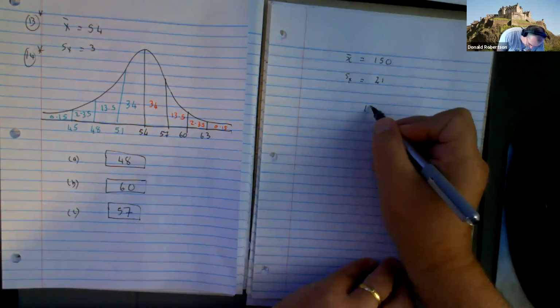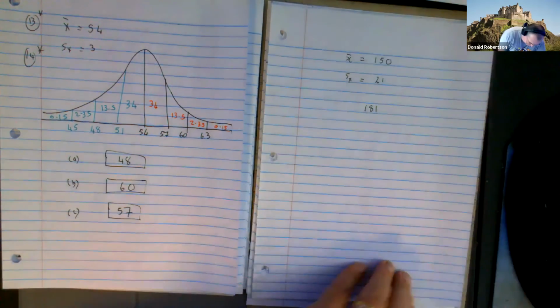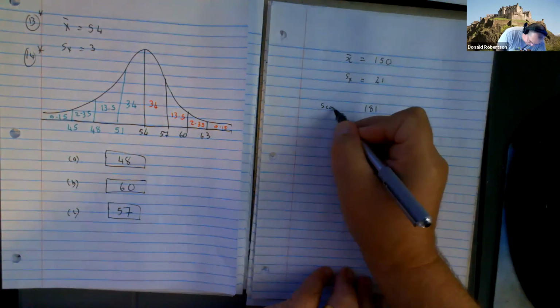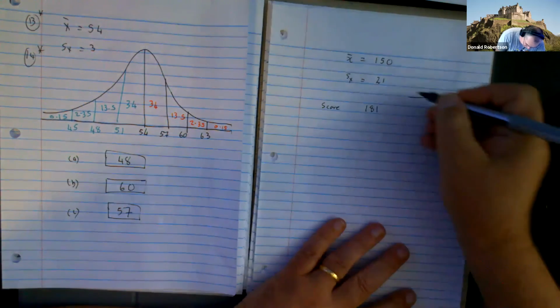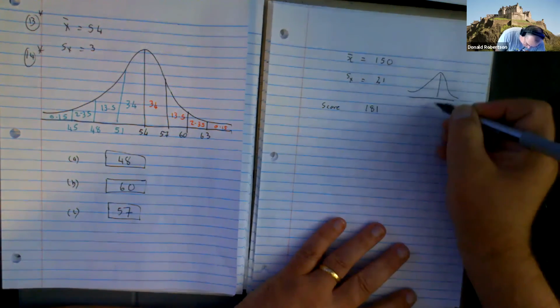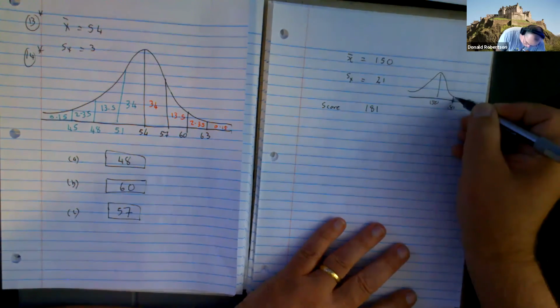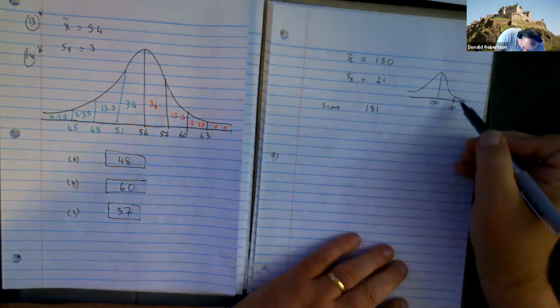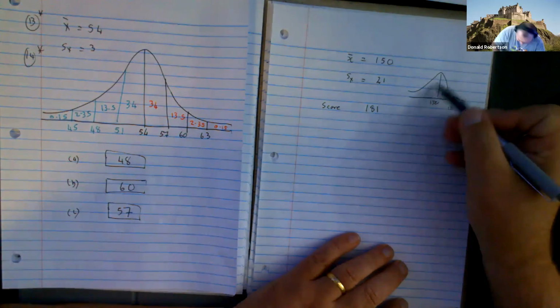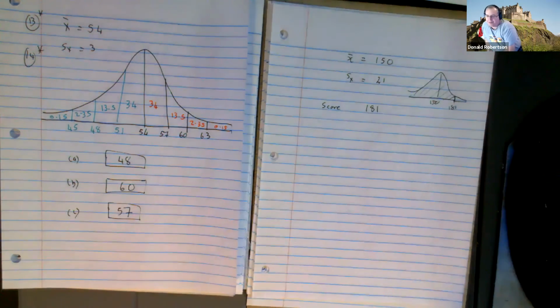And you got a score of 181. So if you imagine what my picture would look like, there's 150, there's me, I'm 181. Wouldn't you like to know what percentage of the people did worse than me?